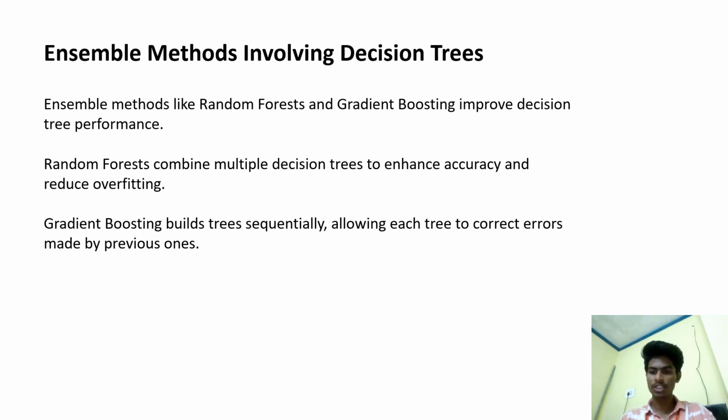We discussed previously that overfitting means a complex tree structure. Random forest combines decision trees, and it will reduce the overfitting, meaning the complexity will be reduced. And gradient boosting builds trees sequentially, allowing each tree to correct errors made by previous ones.